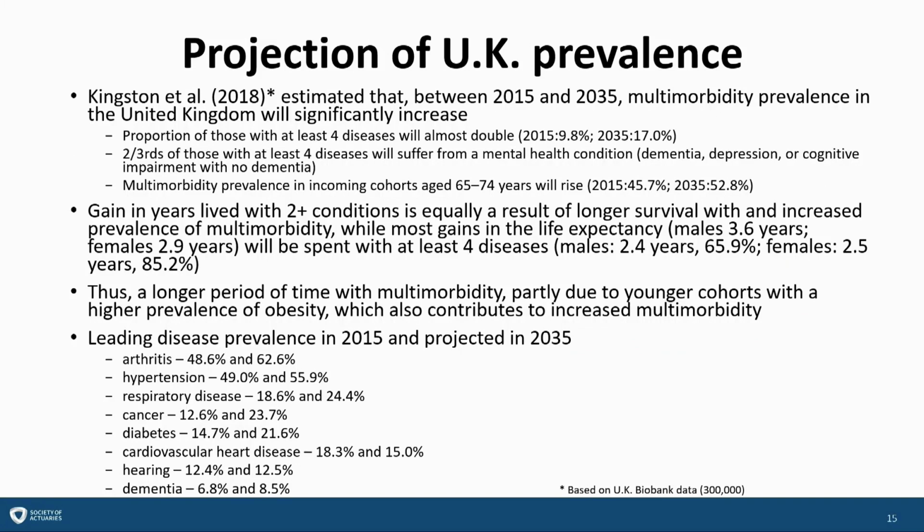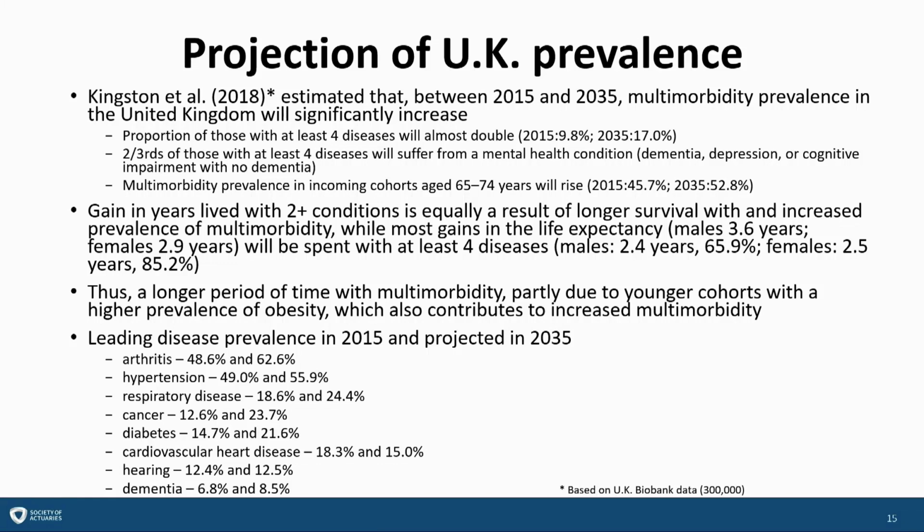An interesting study that was reported projected mortality as opposed to just reporting historical mortality. And some of these are kind of frightening: the percentage of those with at least 4 diseases or long-term chronic conditions may double in the next 20 years. 2/3 of those with at least 4 of those diseases will suffer from a mental health condition.